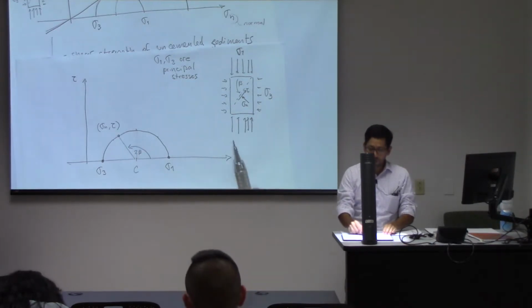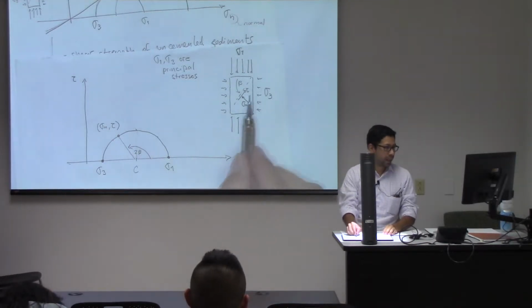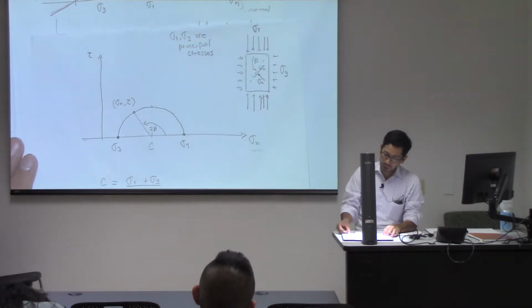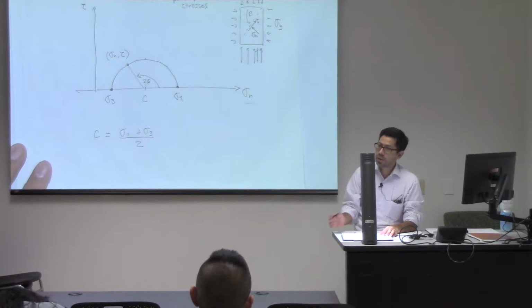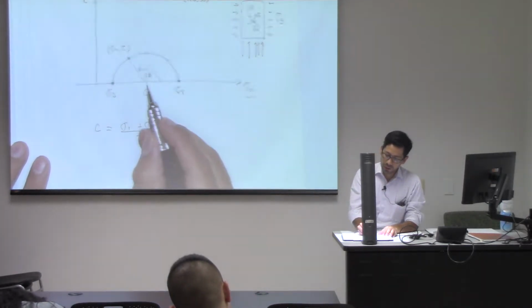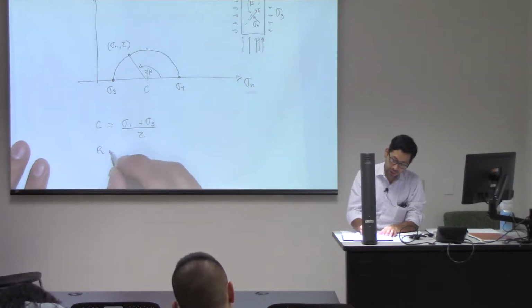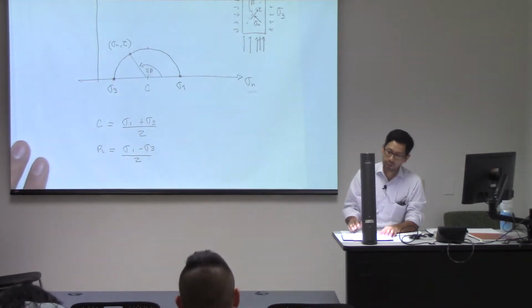So if for any given plane I want to compute what is that normal and shear stress, I can use the Mohr circle. It's just trigonometry. So the center of the circle is right here, the average of the two stresses. The radius of the circle is the difference between these two divided by 2.